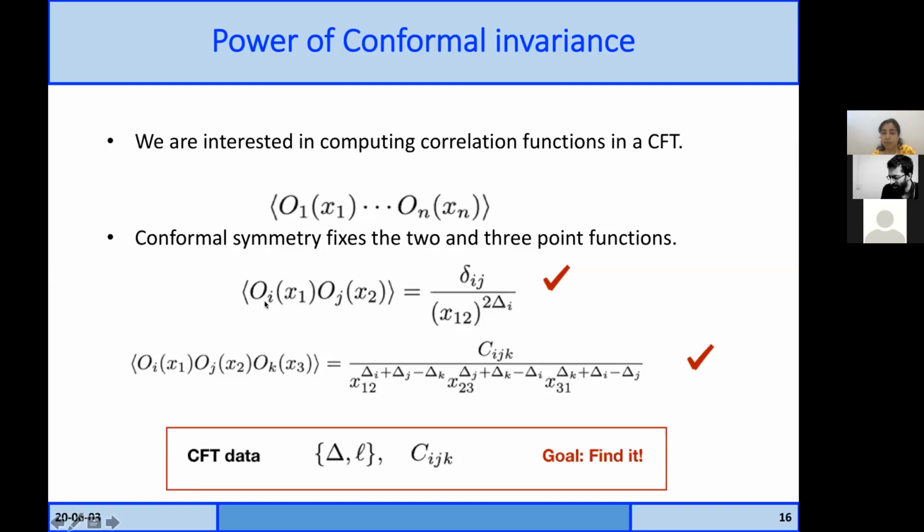So if you take two operators at x1 and x2, the correlation function of this is completely fixed from conformal symmetry.